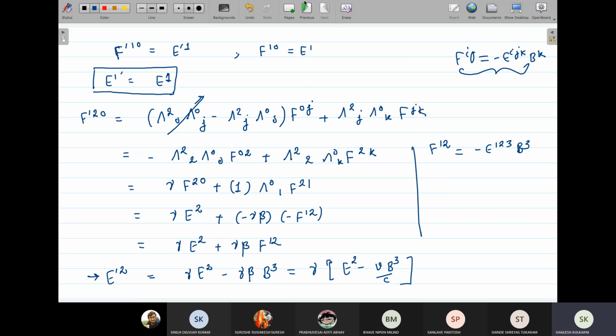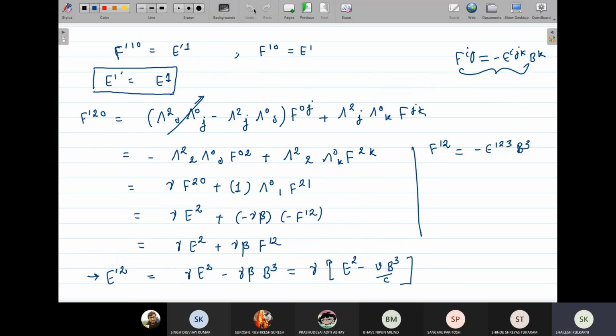Similarly, you can show that E prime 3 is equal to gamma E3 plus, this time, V by C times B2.